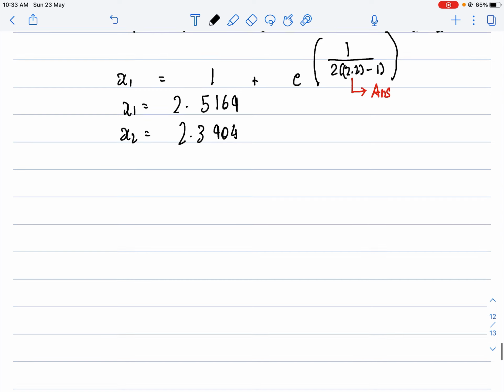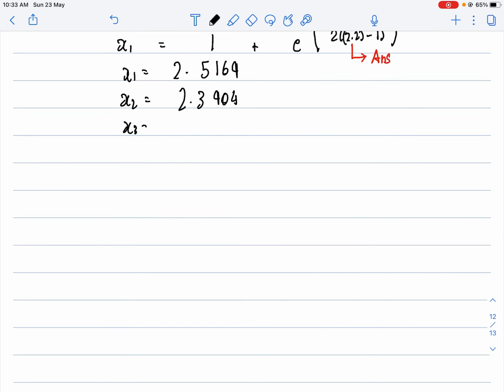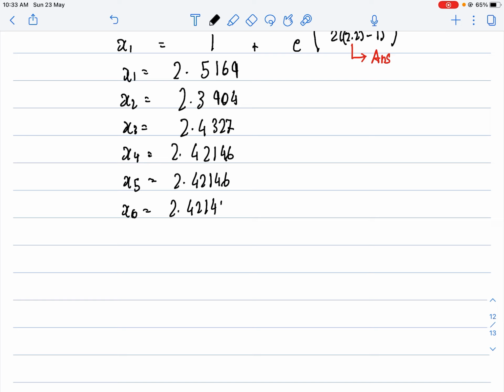When I click on the answer button, I get my value as 2.3904. For x3, I simply click on equal to again to get 2.4327. For x4, I keep on clicking on equal to and get 2.42146. x5 and x6 also give 2.42146.